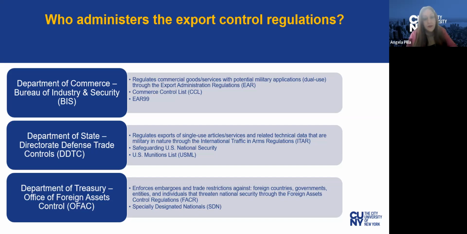Then you have the Department of State, through the Directorate of Defense Trade Controls, the DDTC. They regulate the defense articles and services, and related technical data, that are military in nature, and they do this by administering the International Traffic in Arms Regulations, the ITAR.